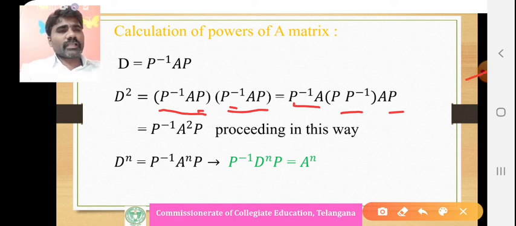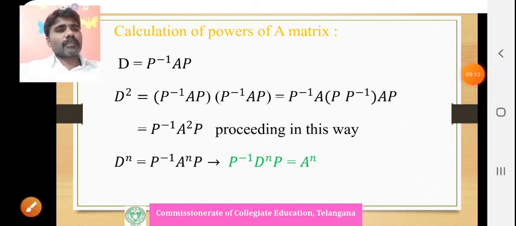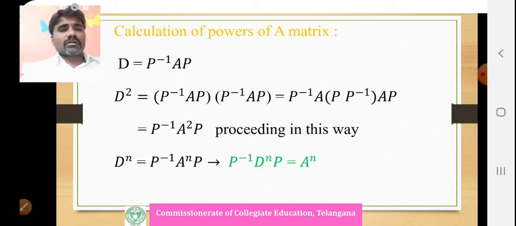Therefore D square is nothing but P inverse A square P. Now proceeding in this way n times, we have D power n equals P inverse A power n P. Now pre-multiply by P and post-multiply by P inverse.